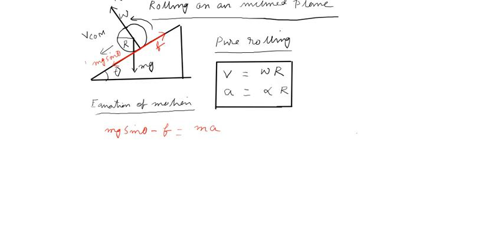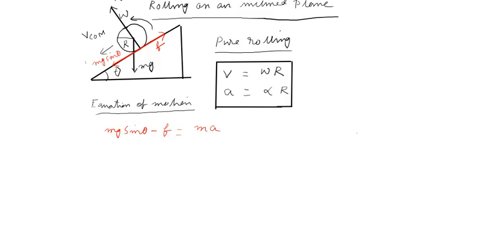You can see that the force mg and the normal reaction N both have lines of action passing through the axis of rotation, so they will not produce any torque. The torque will be produced only by the force of friction F, as its line of action is not passing through the axis of rotation.